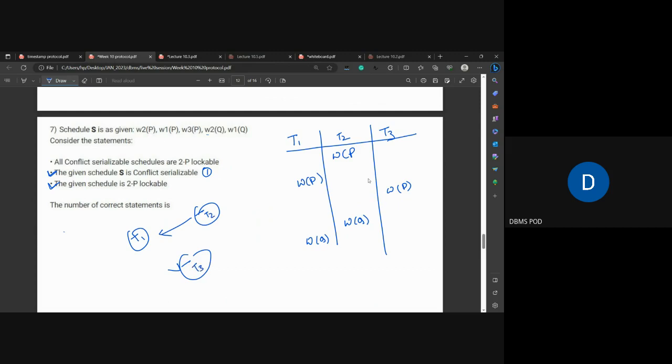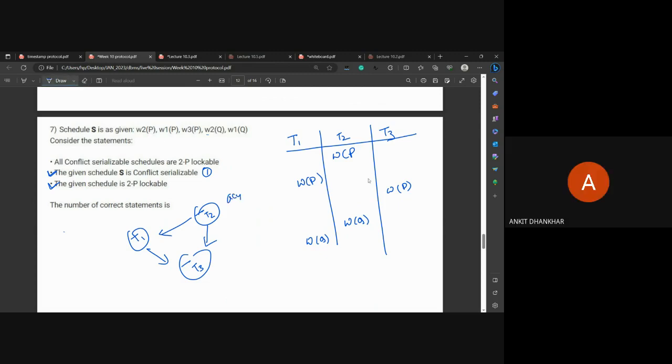T2 to T1 will be there. Then T2 to T3 will be there. Then T1 to T3 will be there. Then again T2 to T1. Sir, why T3 to T2? Okay, it's for P and Q. Sorry. Now it's clear, right? Yes, this is not a cyclic graph.